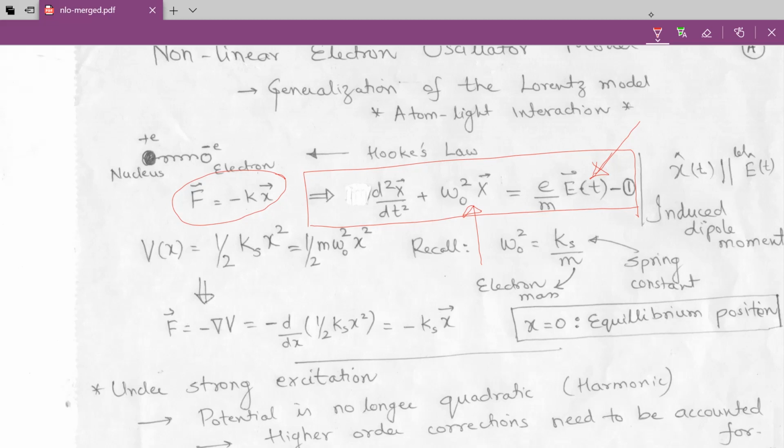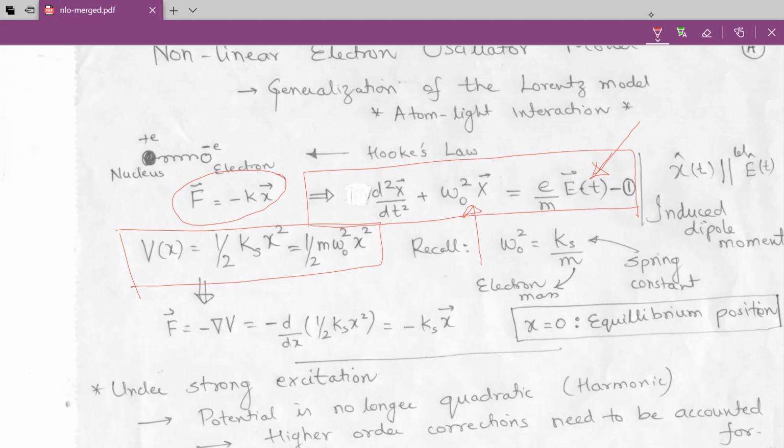And such a force can always be obtained from a potential, which is given so: V of x is half k_s times x squared. So this is a harmonic potential, and you can clearly see that at x equal to 0 there is a minimum of this potential, and the force is given as the negative gradient of the potential.